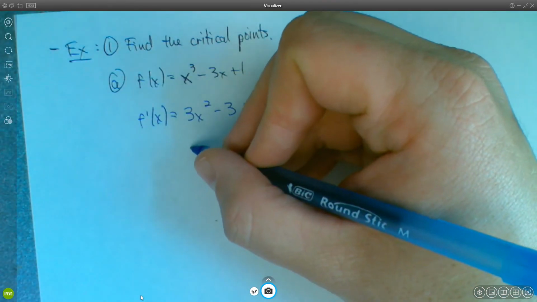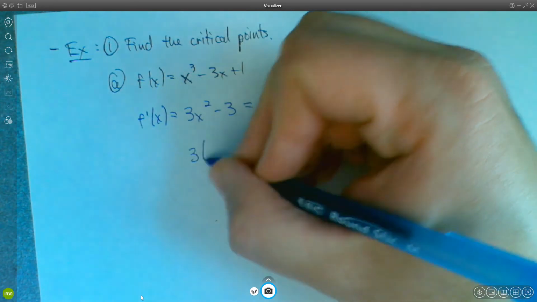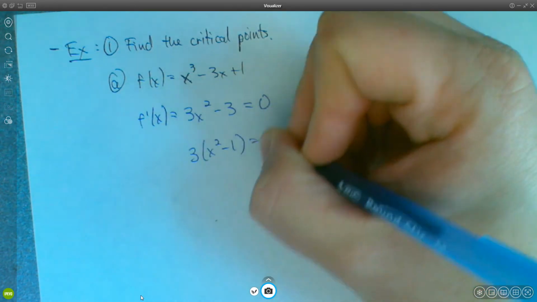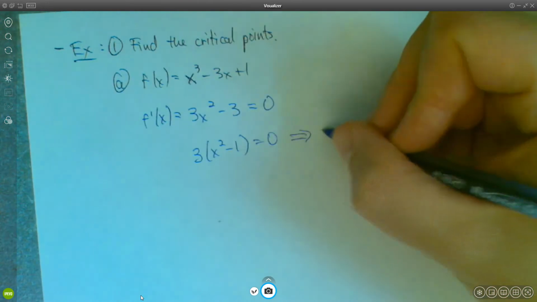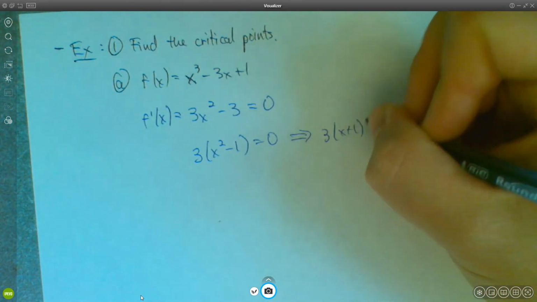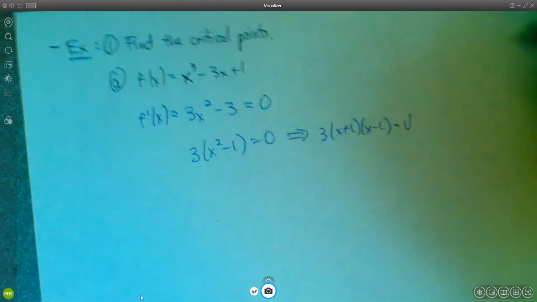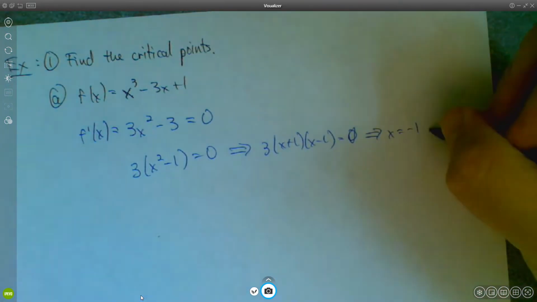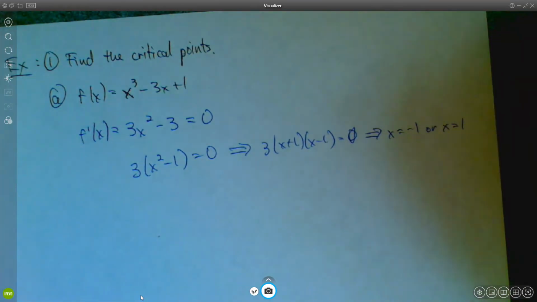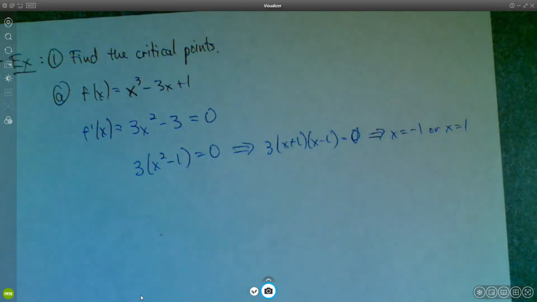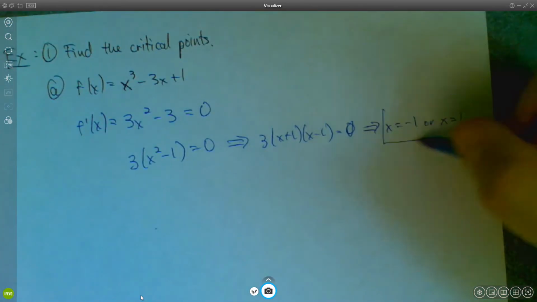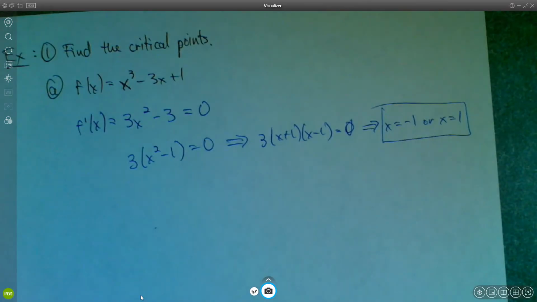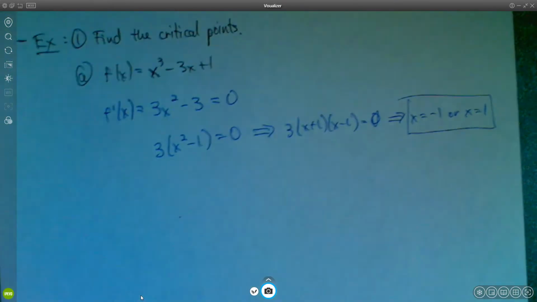So we're going to get 3 times x squared minus 1. That means that 3 times x plus 1 times x minus 1 is equal to 0, which means x is negative 1 or x is positive 1. Okay, and that's that, right? So those are the critical points of that first example.